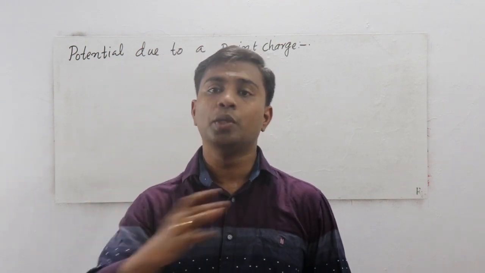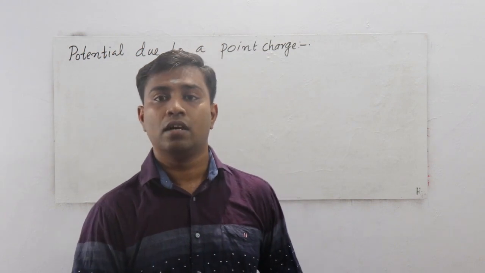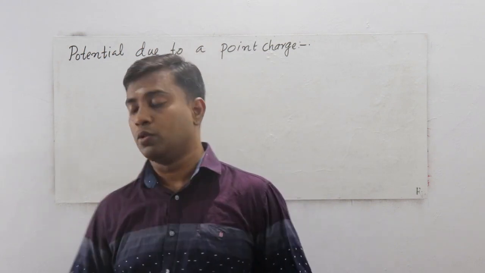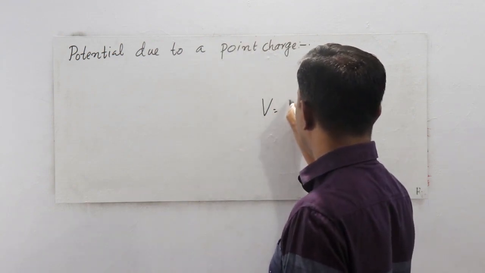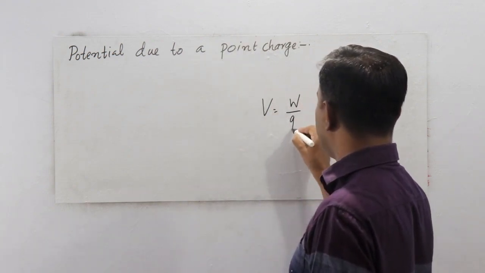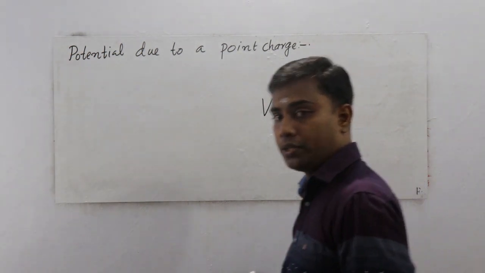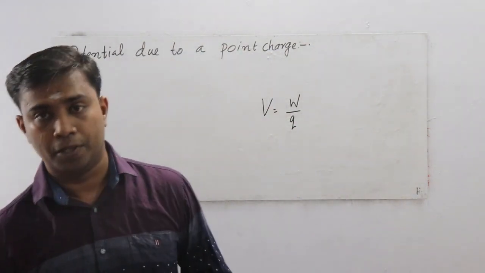Work done per unit charge, that is the potential. So we can write generally the electric potential V is equal to the work done per unit charge, where Q is the unit charge.